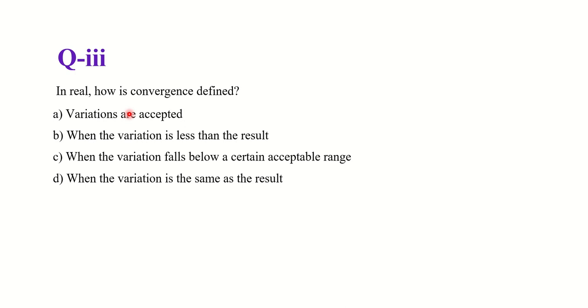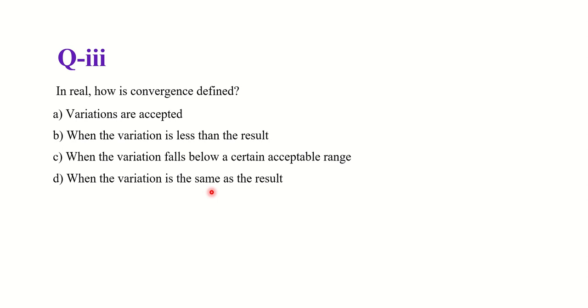In real practice, how is convergence defined? Variations are accepted when the variation is less than the result, when the variation falls below a certain acceptable range, or when the variation is the same as the result. Variation is the difference between the exact solution and the solution that we are getting. Variations are accepted when the variation is less than the result doesn't make sense.